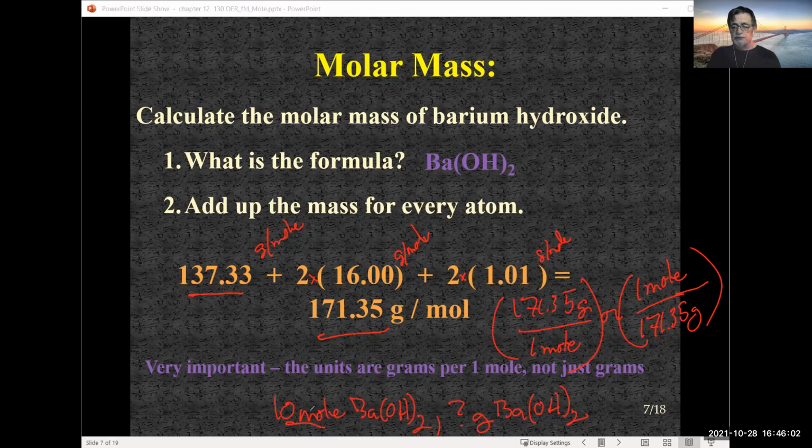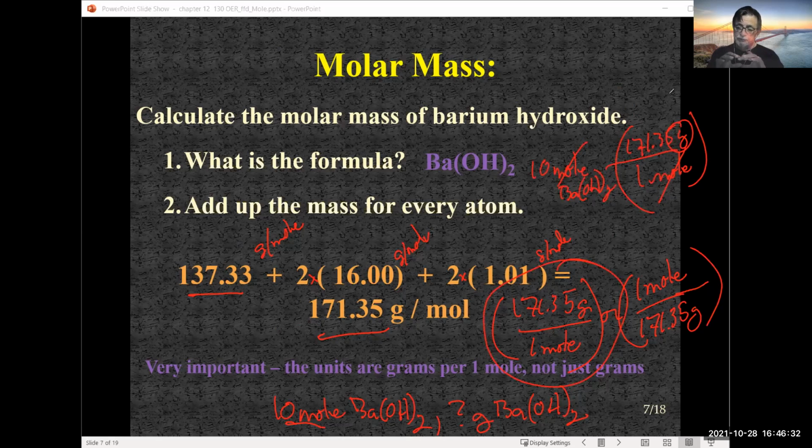So we're going to multiply these 10 moles of barium hydroxide by the first factor, 171.35 grams over 1 mole barium hydroxide. Guess what? Look, my moles cancel. I got units of grams left. Bam, I'm at my answer, okay?